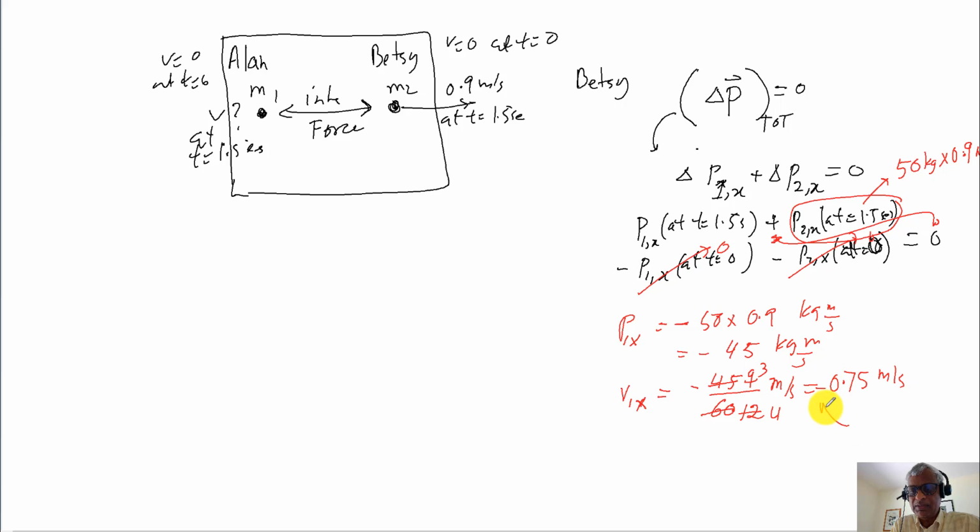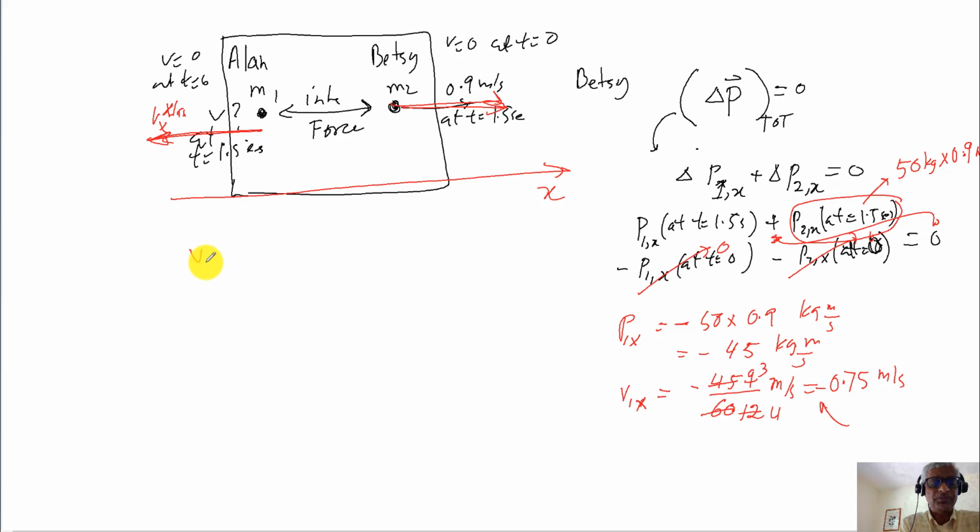So here's a critical minus sign. We were working with x in that direction. That's why her velocity is positive, and his vx is pointed in that direction. So vx of Alan is pointed in that direction, which means its component will be negative, and that's what this says.